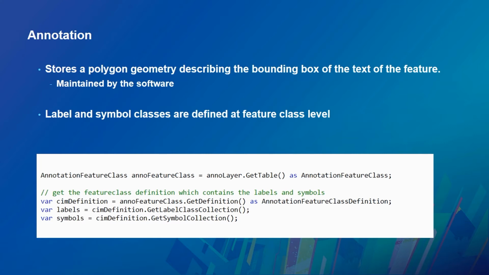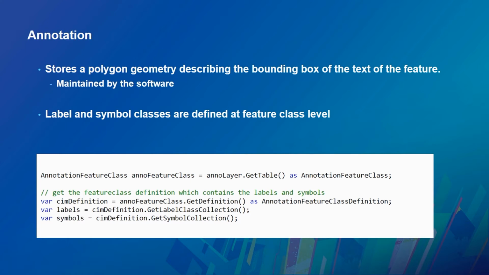Okay. Firstly, we're going to talk about annotation and dimensions really quickly and how they are different from existing point, line, and polygon feature classes. Annotation is a polygon feature class, but the polygon that it stores is actually the bounding box of the text of the feature. And the polygon geometry is actually maintained by the software.